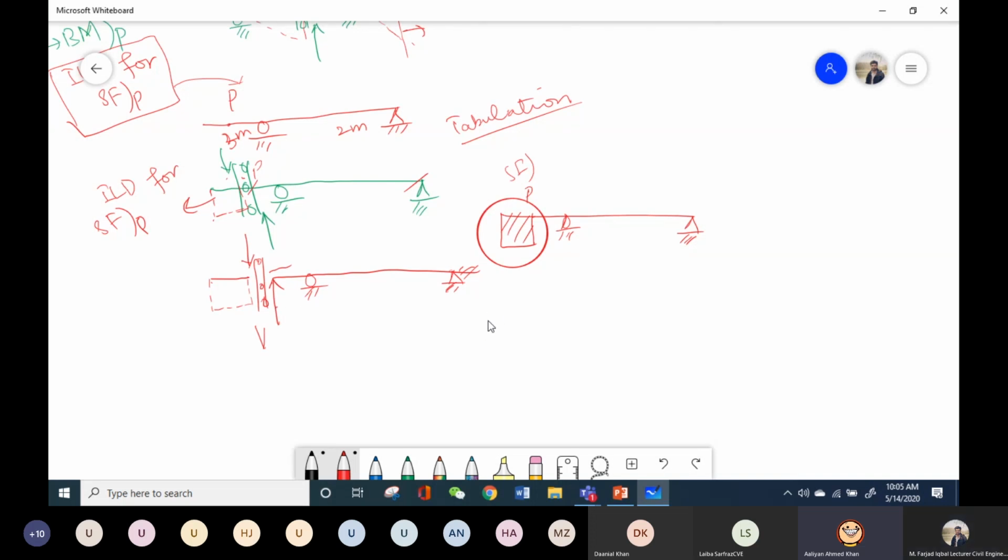Now we have the same beam, and plot the ILD for bending moment at the same point. How will it look? Triangular. How come? Like this? Anyone?